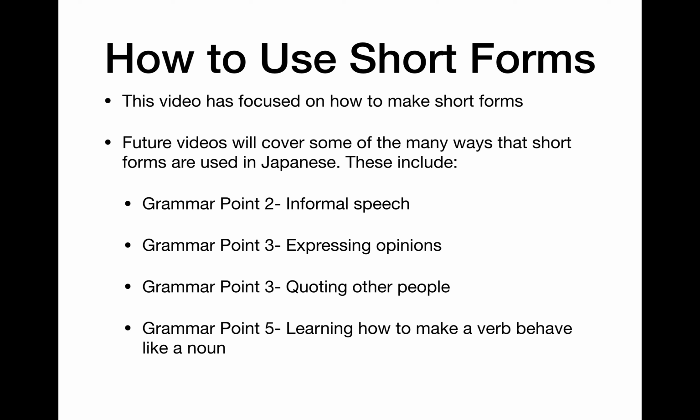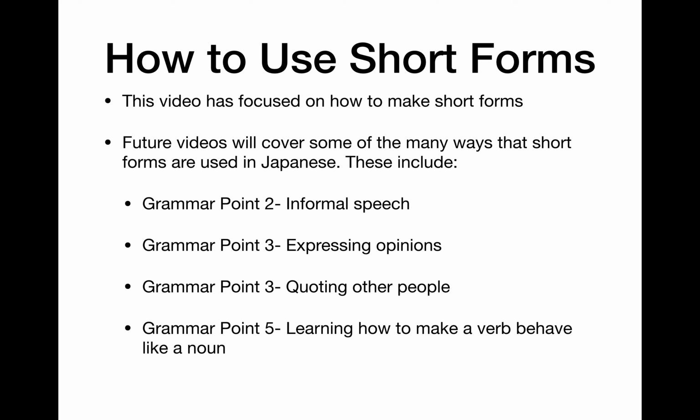And those will cover some of the many ways that short form verbs are used in Japanese, including informal speech, expressing opinions, quoting other people, and grammar point 5, which I really like, learning how to make a verb behave like a noun. In the case of this lesson, it's so you can learn how to say things like, I like swimming, and use the verb as a noun in a sentence like that.